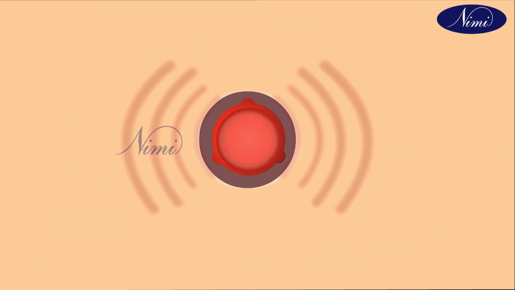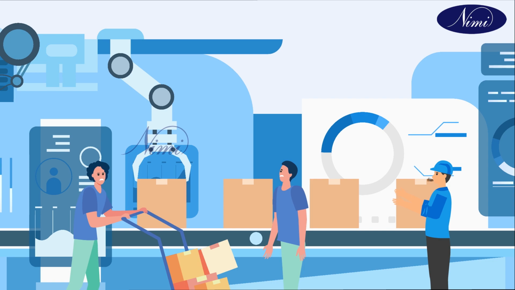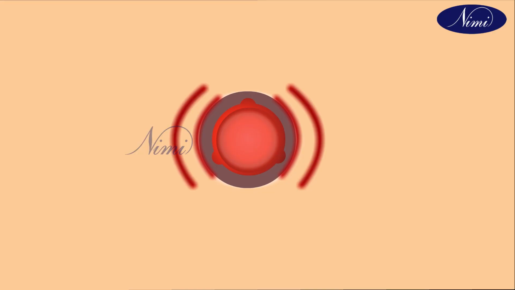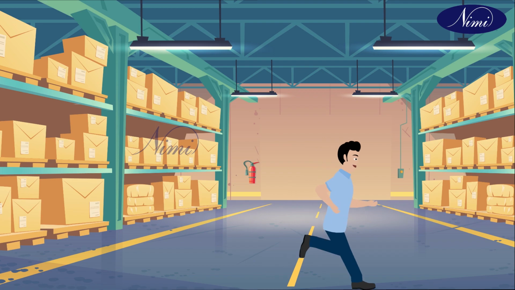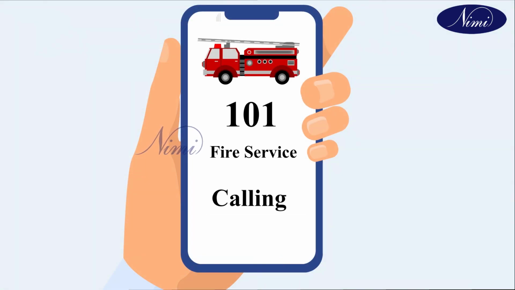First, raise an alarm and alert the people around you by shouting fire, fire, fire when you observe the fire. We have to alert everyone by raising an alarm signal so that everyone is able to escape from the fire. Next, inform the fire service immediately.